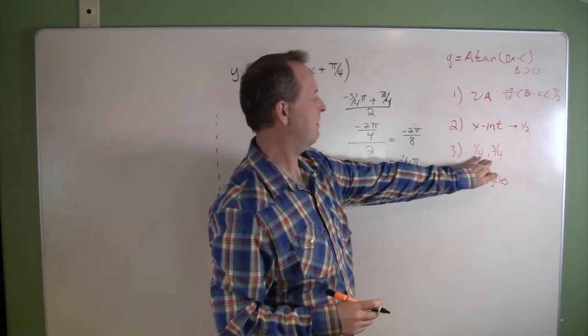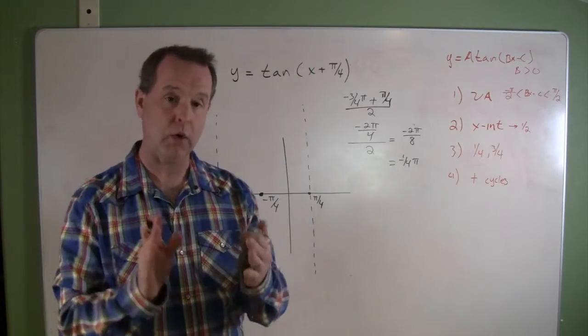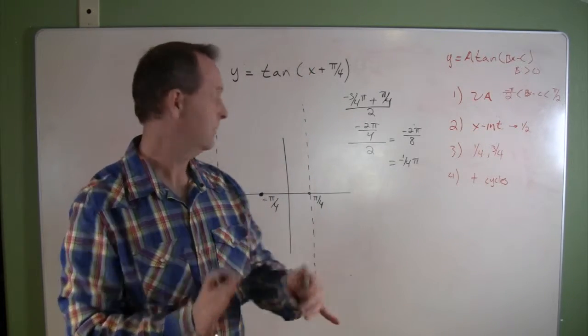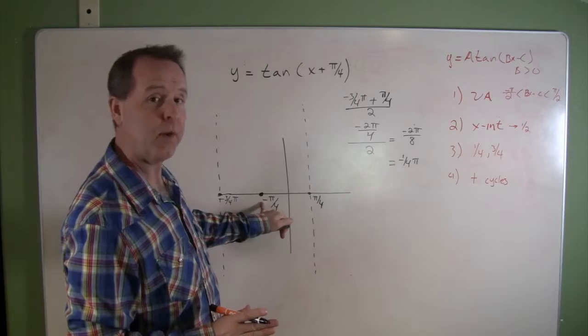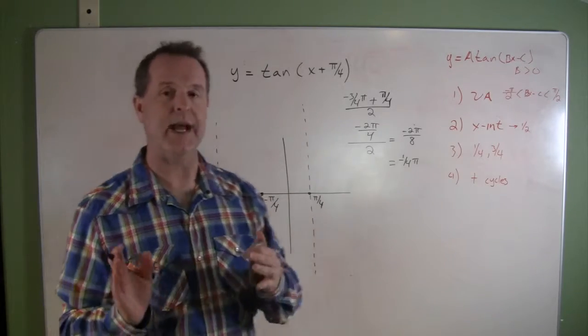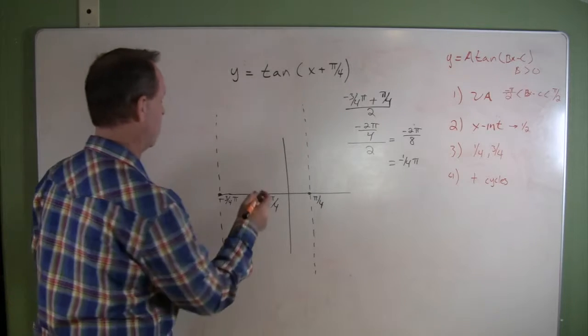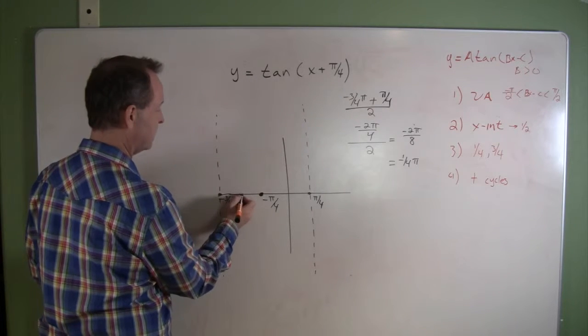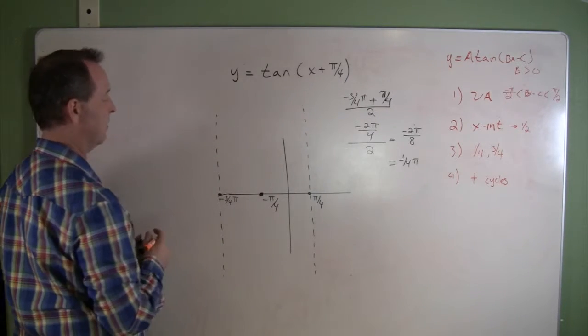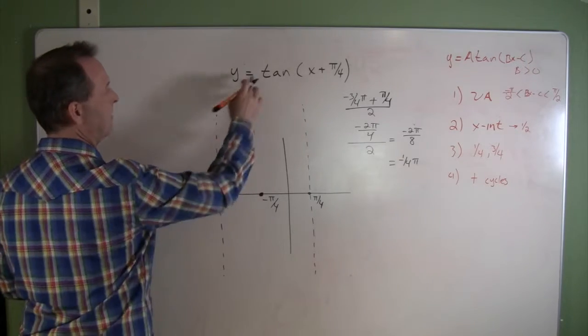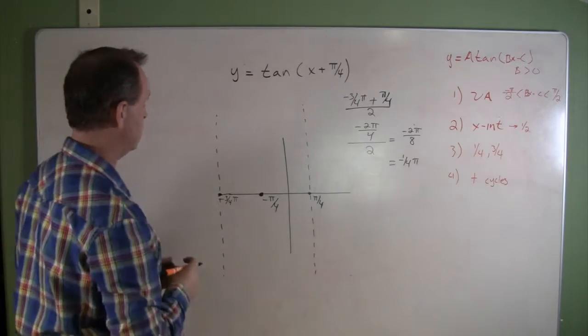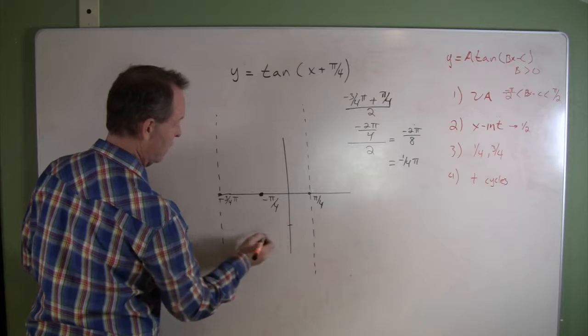The next two points I want to find out are what's happening a quarter of the way through the graph and 3/4 of the way through the graph. I found out what's happening at halfway already. The quarter point, roughly right about there, is determined by my amplitude. My amplitude is 1, so the first point is down at negative 1.